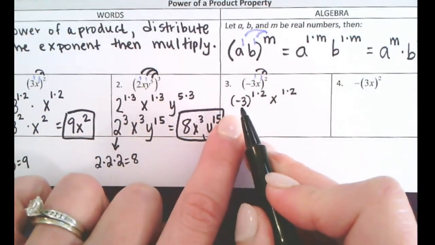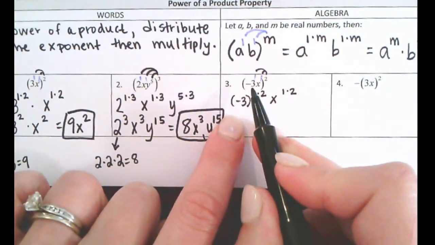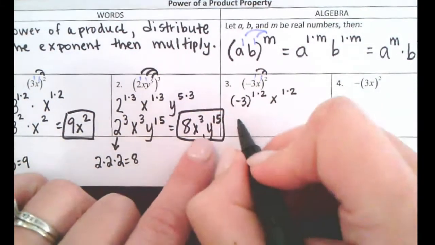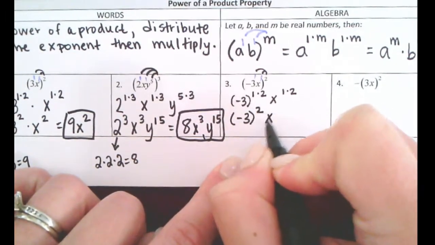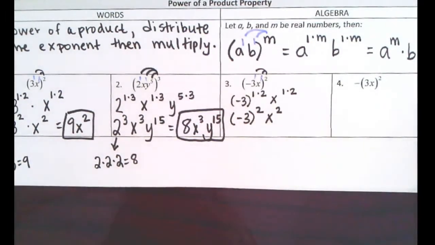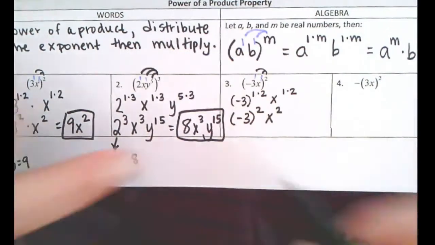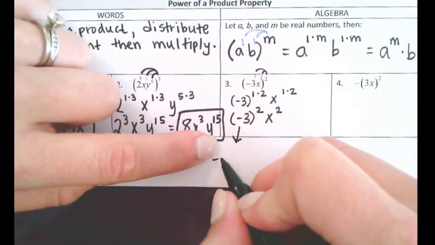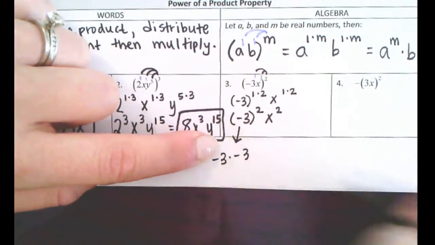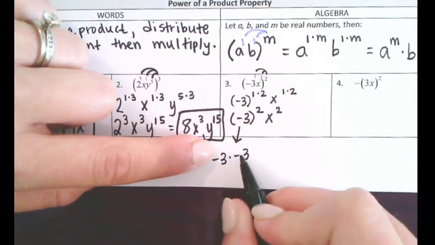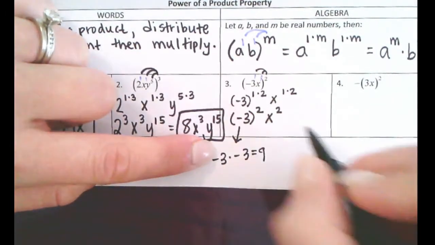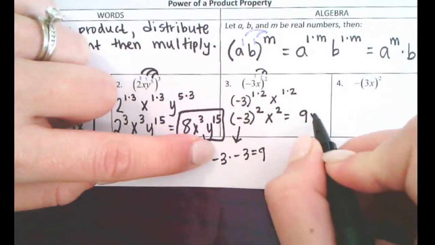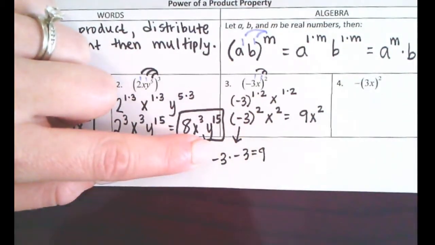The reason this needs parentheses is because it's a negative number. This becomes negative 3 to the power of 2 and x to the power of 2. Negative 3 expanded is negative 3 times negative 3. The negatives will cancel, and this gives me a positive 9. So I have 9x squared.